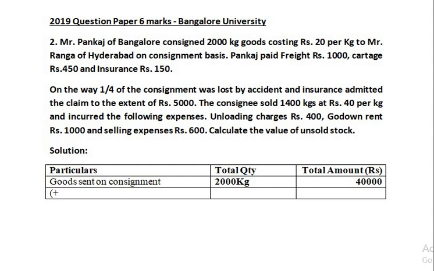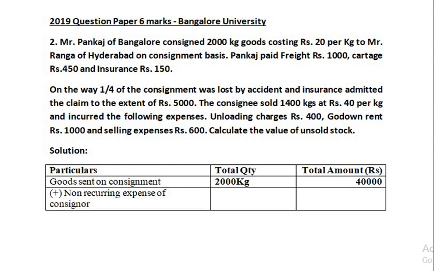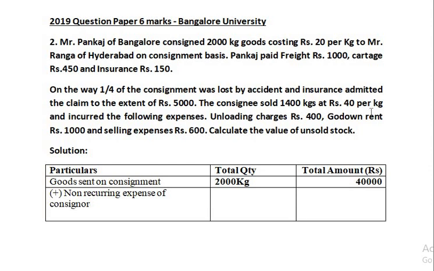Now add non-recurring expenses of consignor. In this problem, the consignor is Pankaj. Pankaj paid flight 1000, cartage 450, and insurance 150. All these expenses were non-recurring expenses.